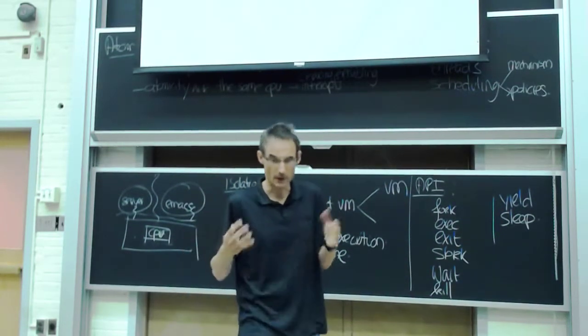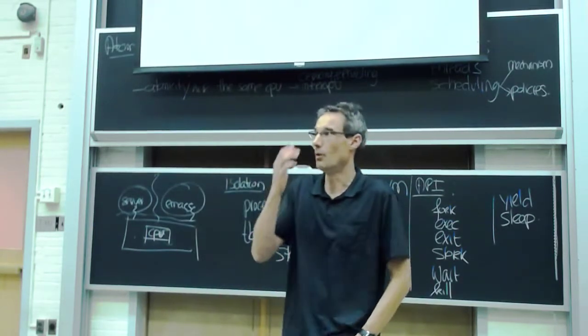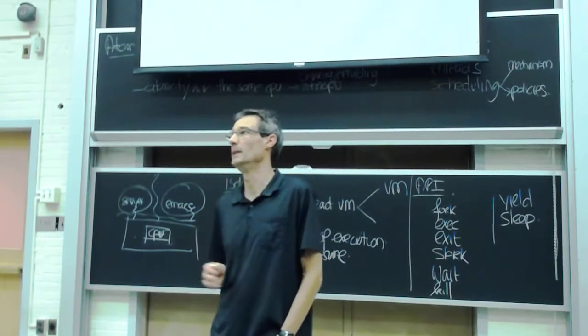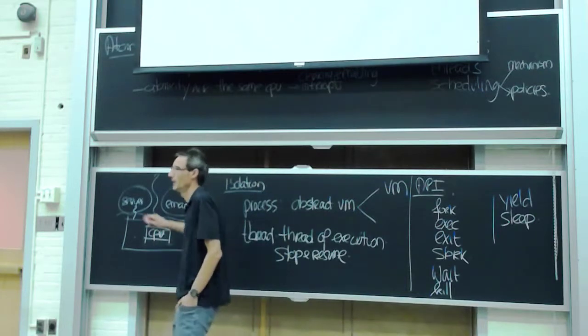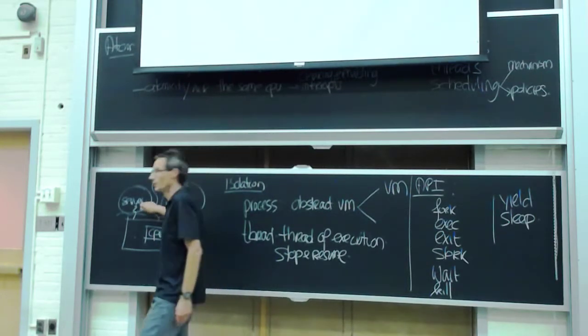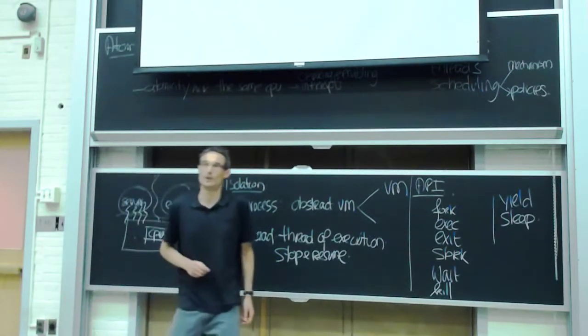Now you might wonder, what is the relationship between threads and processes? In early Unixes, these terms were used interchangeably because they didn't mean that much different. Today they mean quite a bit different, because it's often the case that a user-level process has multiple threads of execution. So within the process, there might be multiple threads of execution.